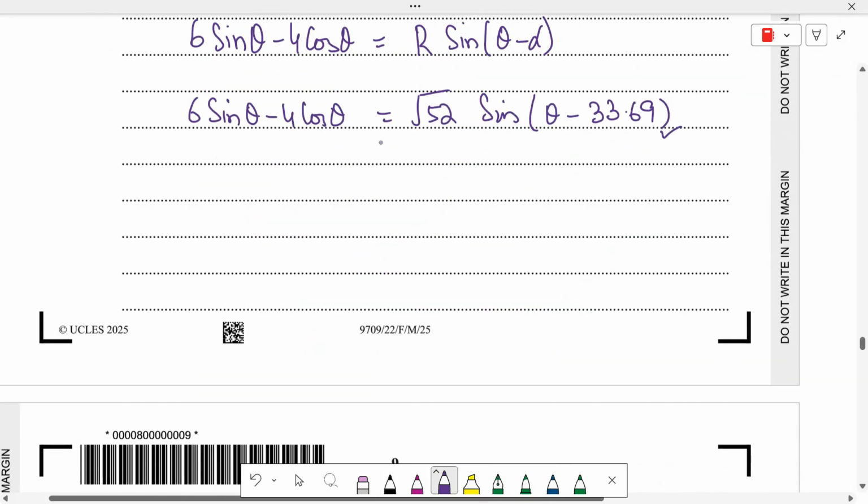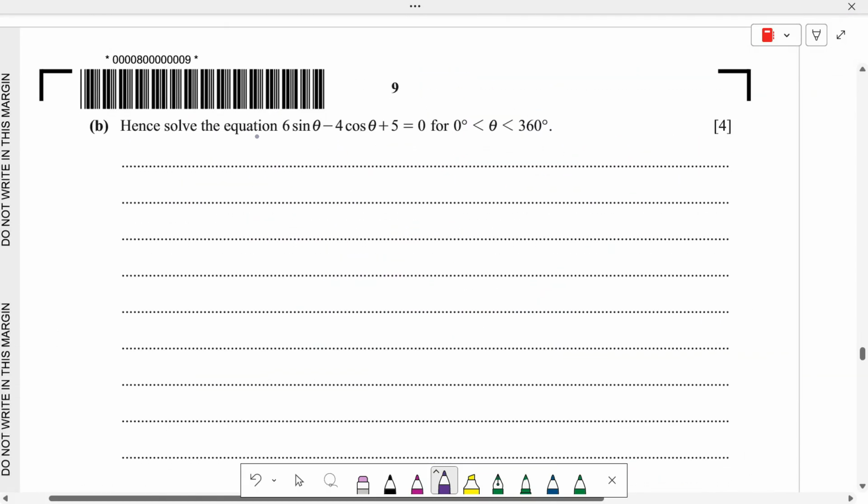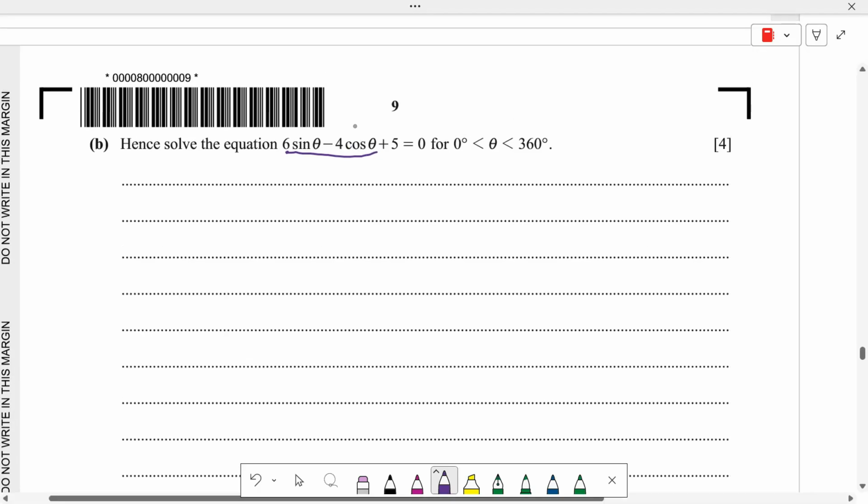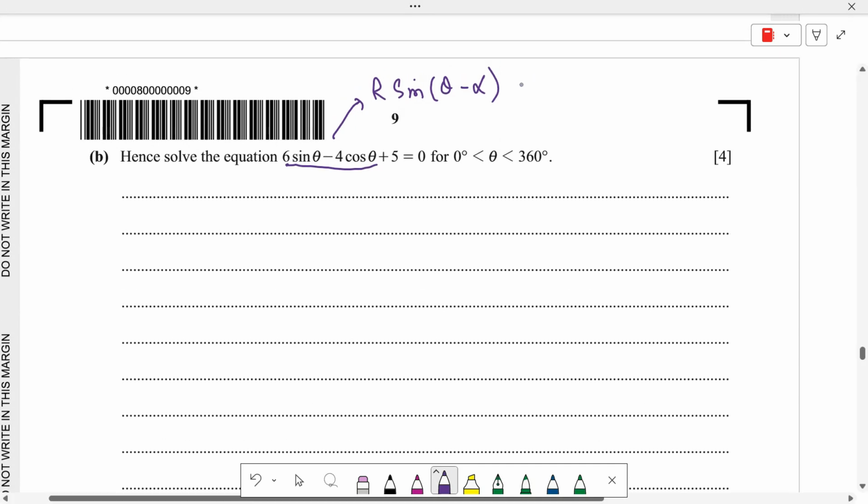Now let's move to part B. Solve the equation 6 sine theta minus 4 cos theta plus 5 equals 0. We have just calculated this in the form r sine (theta minus alpha), which was root 52 sine (theta minus 33.69).